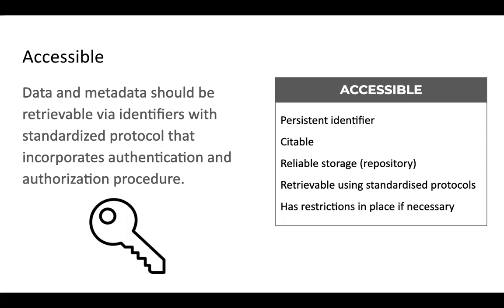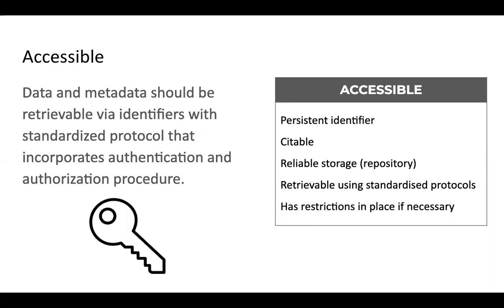So make your data accessible by ensuring it is in a reliable storage location, such as a repository, is retrievable online using standardized protocols, and has restrictions in place if necessary. So remember that not all data has to be made open.